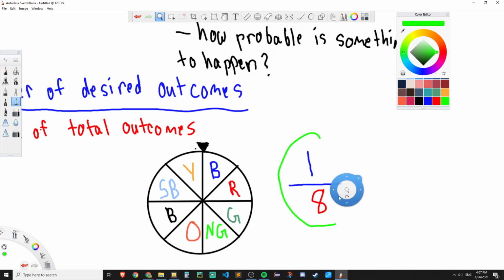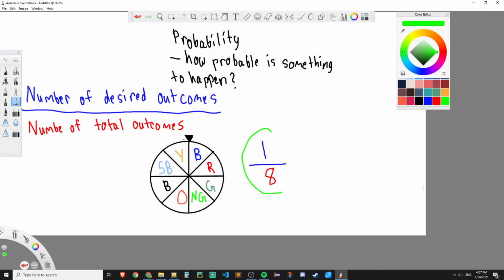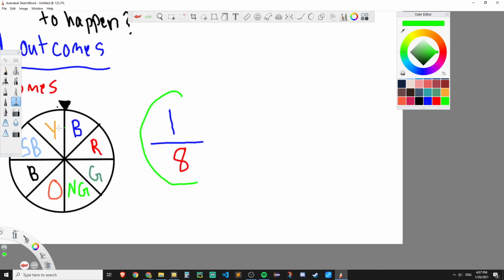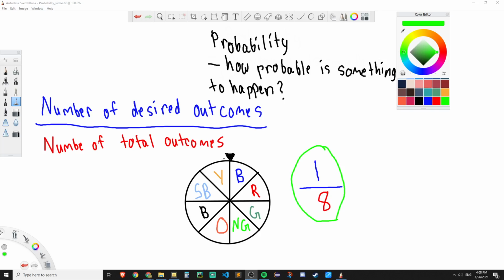Not really. Because no, if you told someone, hey, look at this, you shouldn't take this risk because there's a 1/8 chance you will get it, they probably won't know what you're saying. So to make that simpler for them, what we're going to do is make this fraction a percent.